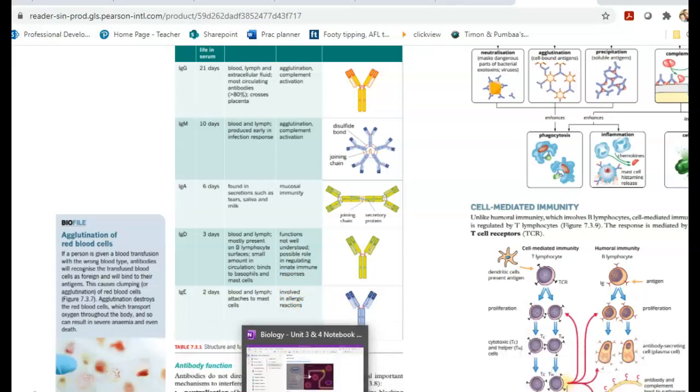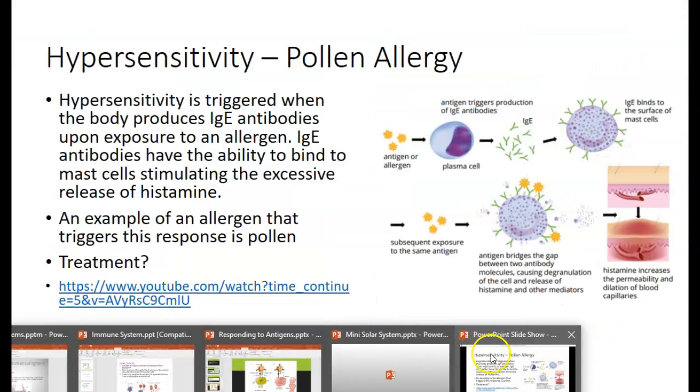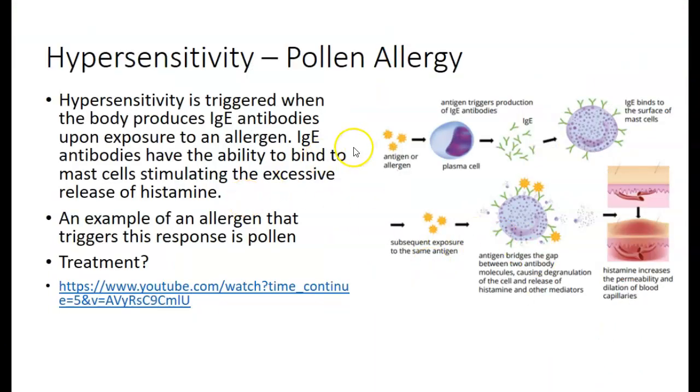So the way it goes is, if you suffer from hay fever, when your body was exposed to that allergen, the shape of the pollen when it first entered your body, when your body underwent the immune response to produce antibodies, unfortunately, it was a B lymphocyte that had an IgE antibody attached to it that responded.